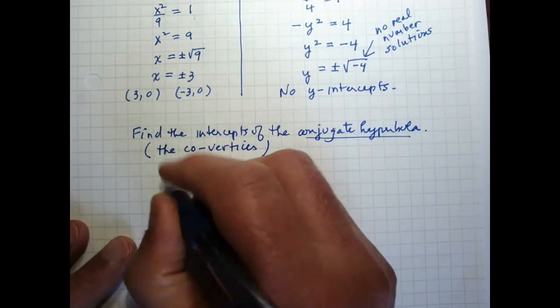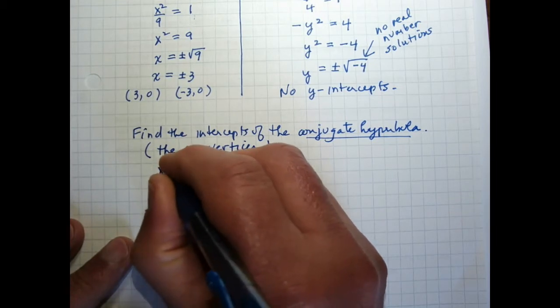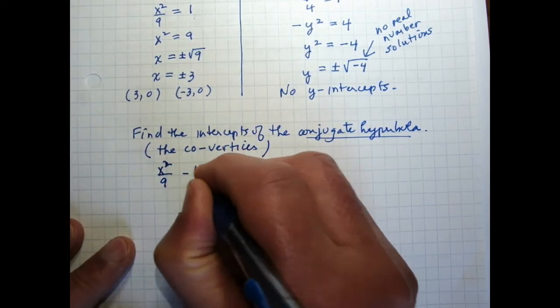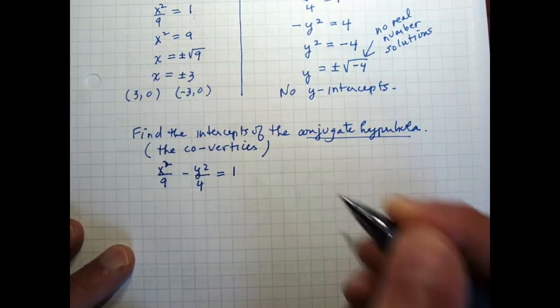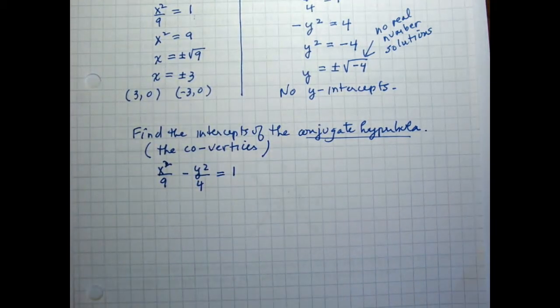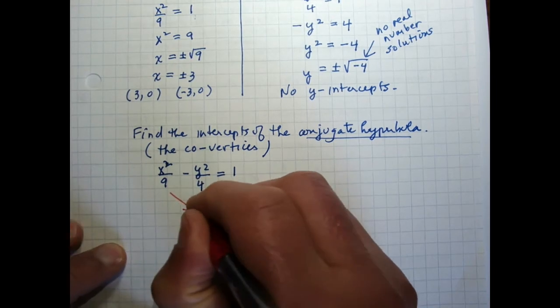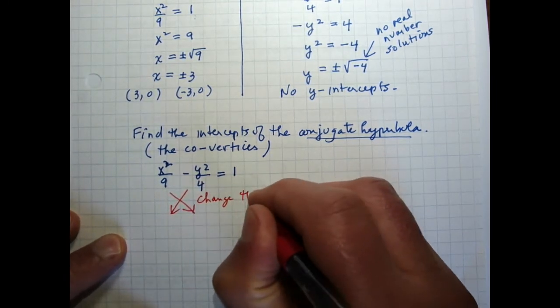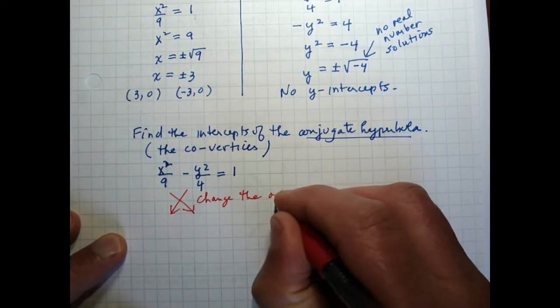What you do is you take our equation, x squared over 9 minus y squared over 4 equals 1, and we're going to change the order of the subtraction.